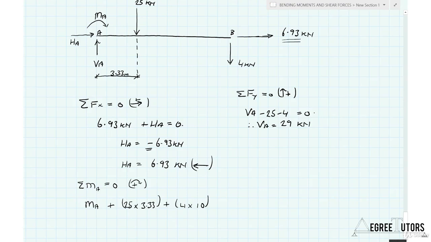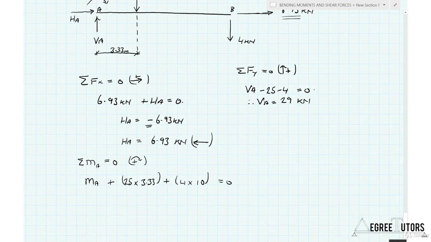Now, anything else to consider? No, that's it. That all has to equal 0, and we can solve for MA. So MA is equal to minus 123.25 kilonewton meters.